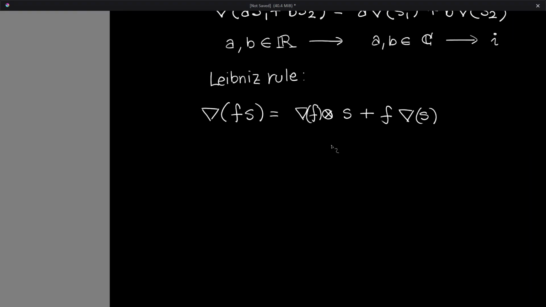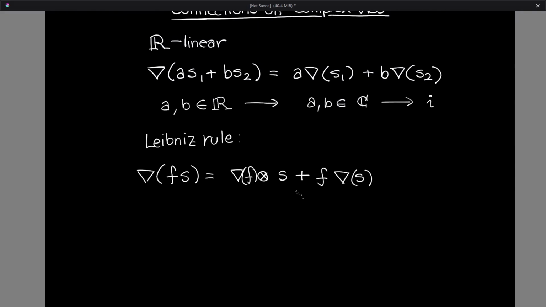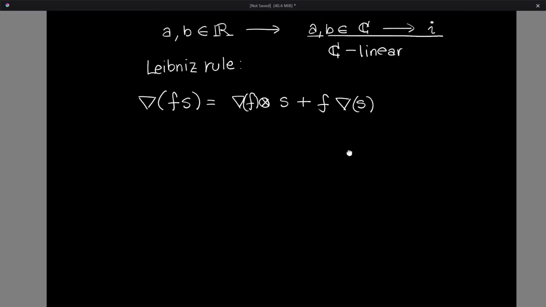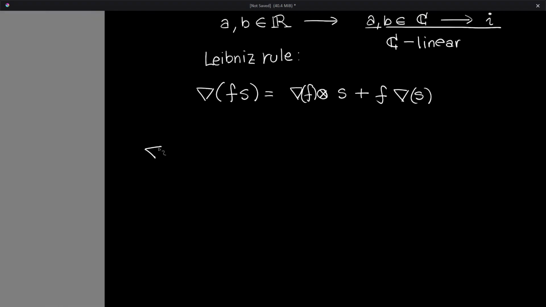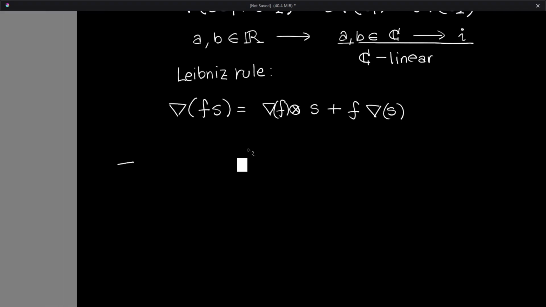And so if we combine C linearity with the Leibniz rule, what do we get? Let's specifically look at the case where f is equal to i.